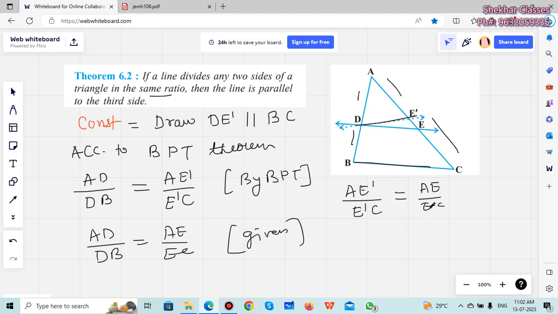And for that, what should happen? For that, E dash should coincide with E, then only it can happen.